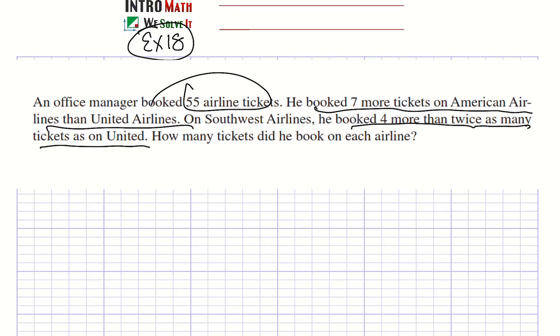And then on Southwest Airlines he booked 4 more than twice as many tickets as on United. So they're comparing what he booked on Southwest with what he booked on United, and then what he booked on American with United, so it's a chain of comparison, man. So you have to be careful about the one you're starting with.